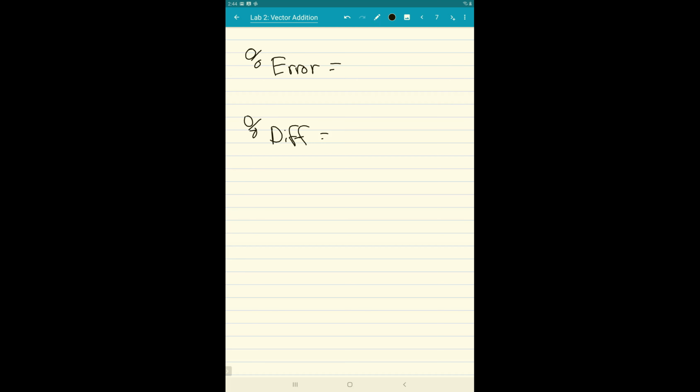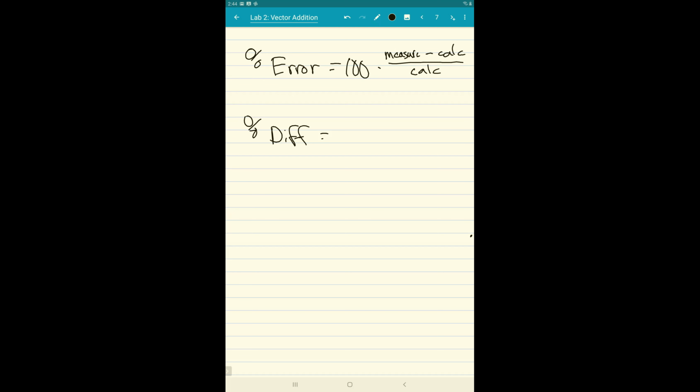Anyway, for percent error, you do 100 times your measured minus your calculated, divided by your calculated. Measured is going to be the data that they give you, because you can't be in the lab right now because of COVID.